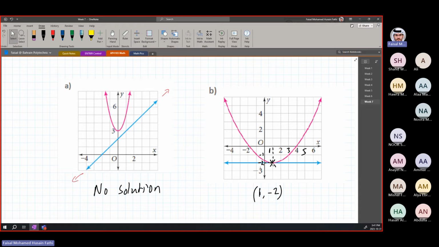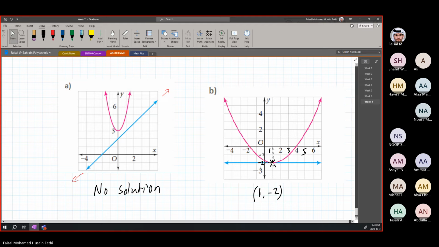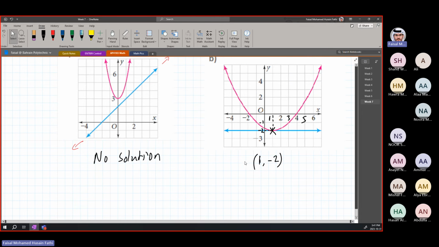Can you clarify a little bit? It's not when x cuts y. In general, here it's just the turning points.